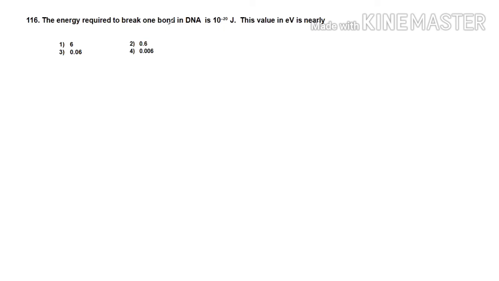The energy required to break one bond in DNA is 10 raised to minus 20 joule. This value in electron volt. So energy 10 raised to minus 20 joule they are saying. But we know that 1 electron volt is equal to 1.6 into 10 raised to minus 19 joule. So 1 joule is equal to 1 electron volt divided by 1.6 into 10 raised to minus 19.